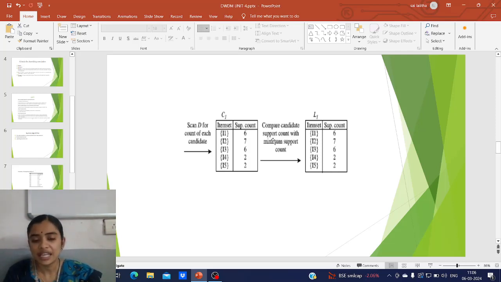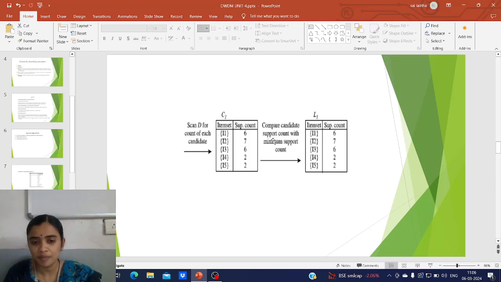I1's support count is 6. Yes, 6 is greater than or equal to 2, so it is satisfied. So you can directly put that item into the frequent item set. Like that, you have to compare each and every item's support count with the minimum support count. If the criteria is satisfied, you can directly put those items into the L1 frequent item set.